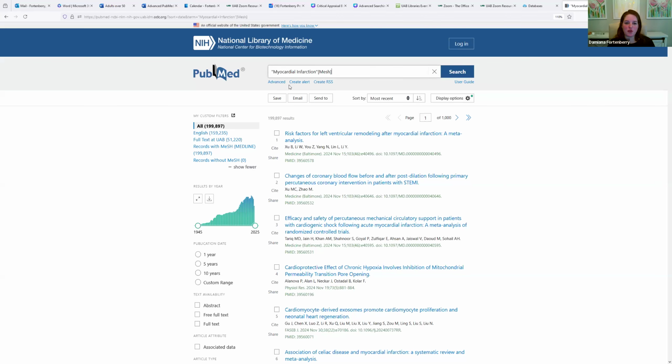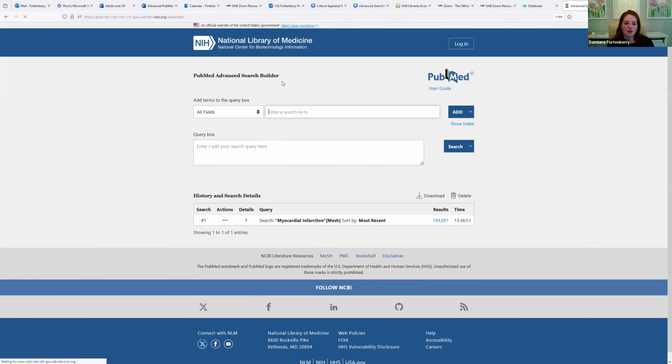This is another really cool function of PubMed. So underneath the search bar, you'll go to advanced. I like advanced because it's really easy to do iterative searches here. So we have myocardial infarction or heart attack, TIAB.